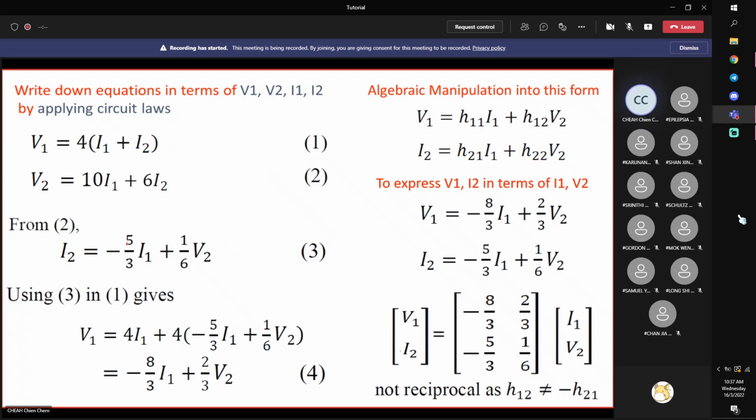So this is the overview. I write down equations using mesh analysis in terms of the 4 parameters. I don't really need to care which form it is in. Just write down all the equations in terms of the 4 parameters, then compare with the desired form that you want.